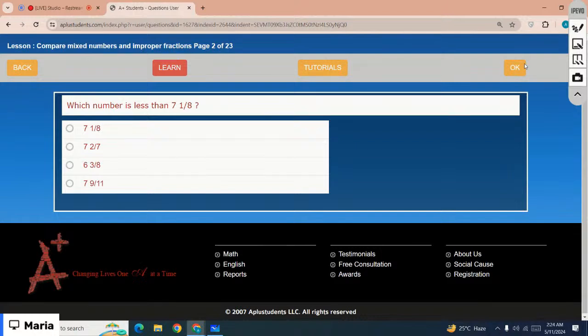Okay, so the only one that is less than 7 whole 1 by 8 is 6 whole 3 over 8, right? The correct option is 6 whole 3 over 8.